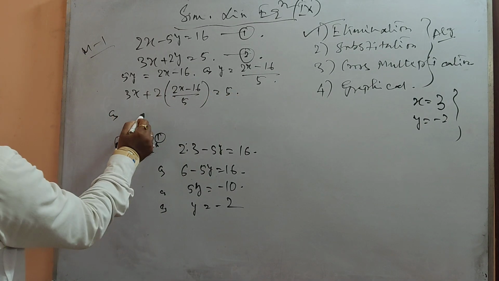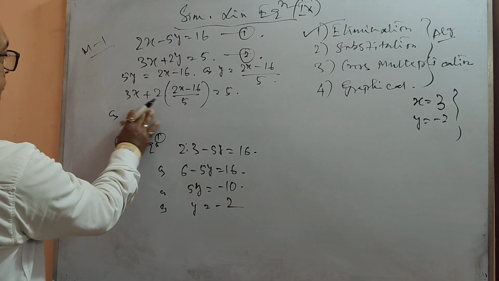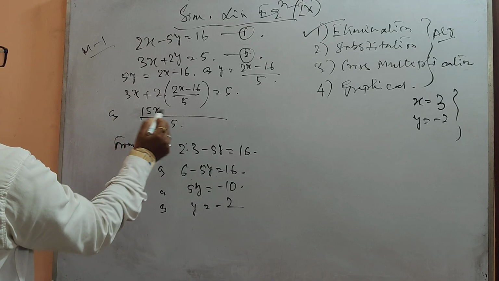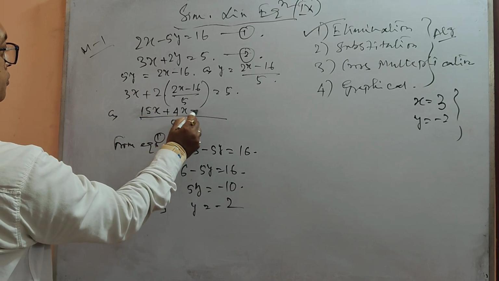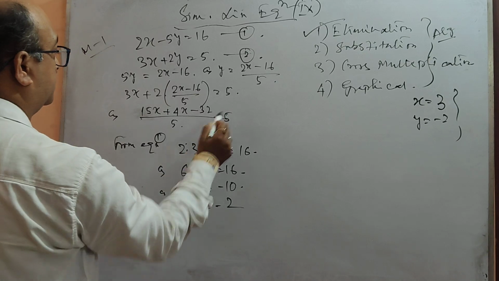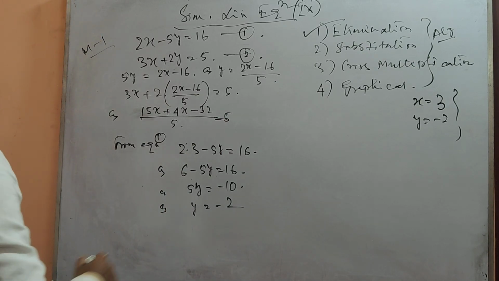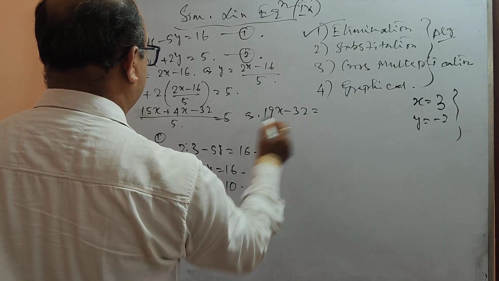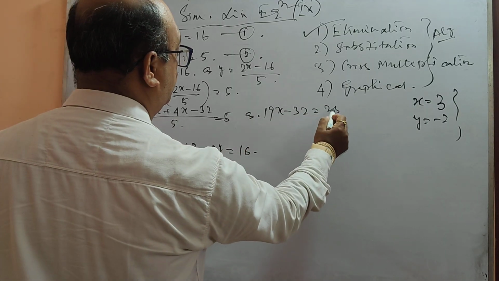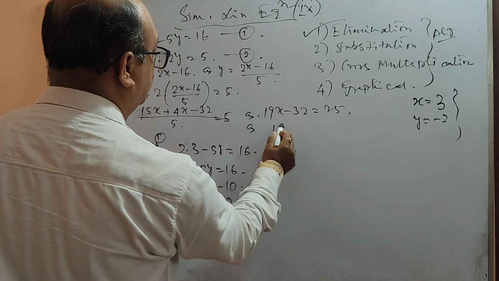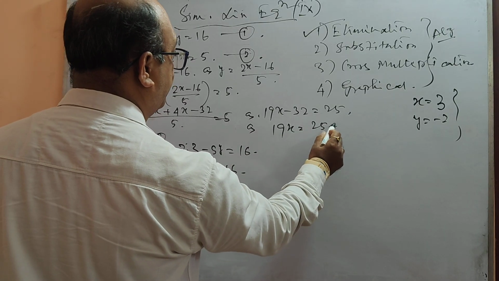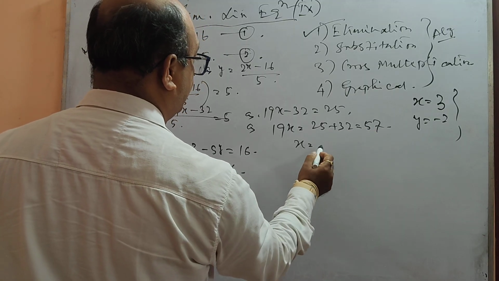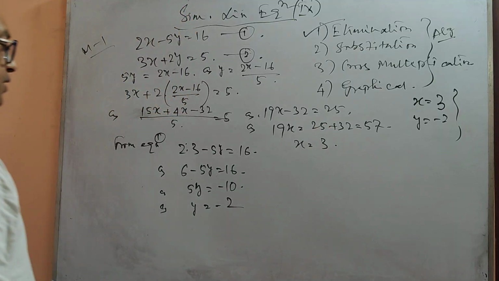then taking 5 as LCM, 15x plus 2 into (2x minus 16) equals 5, so it becomes 19x minus 32 equals 25, so 19x is equal to 25 plus 32, that is 57 once again, and x is obviously 3.